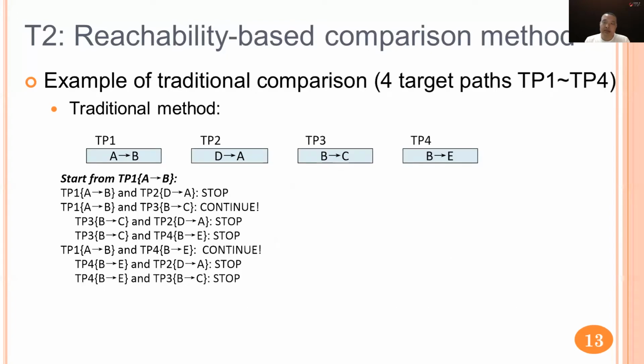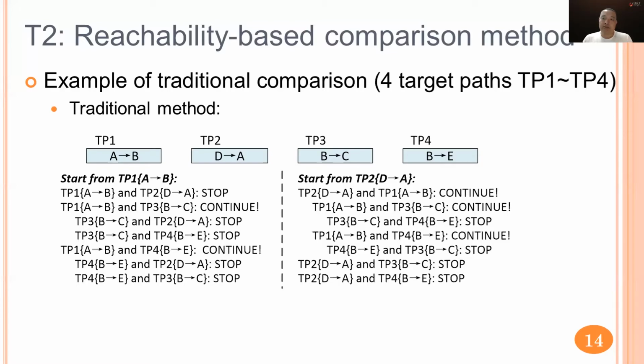Here is an example which contains 4 code paths. Each code path has just one locking constraint. We start the comparison from the code path TP1. The detailed steps are shown in the figure. After the code path TP1 is finished, we start the comparison from the code path TP2.